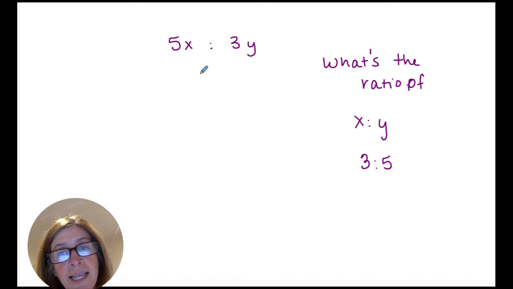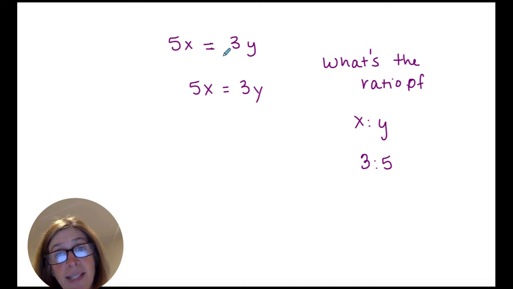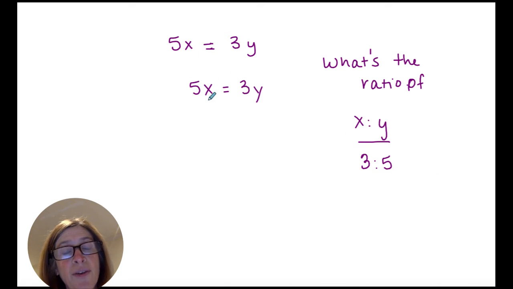Well, let's think about how we would simplify this. If I had 5x equals 3y, sorry, I wanted this to be equal. 5x equals 3y, then it would be 3 to 5. The ratio would be 3 to 5. So if I wanted to get it in the form x over y, which would be x to y, let's see, I would divide by y, right?